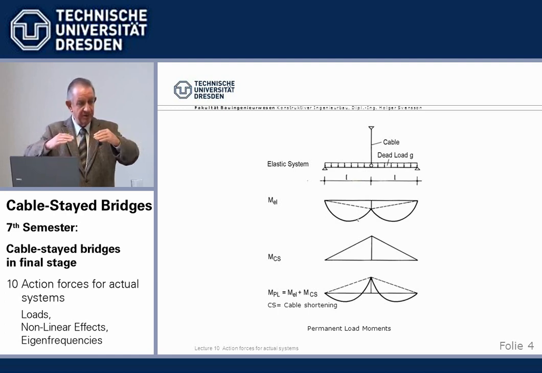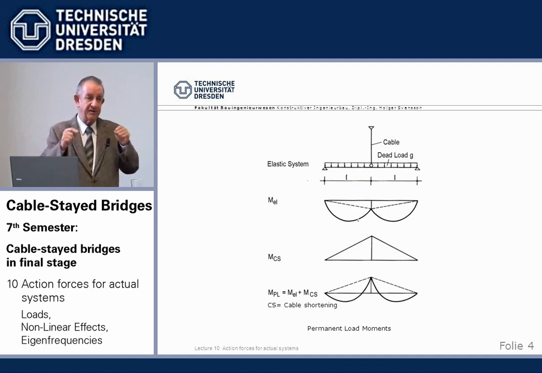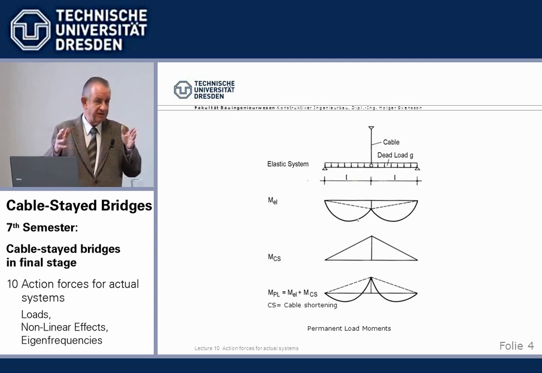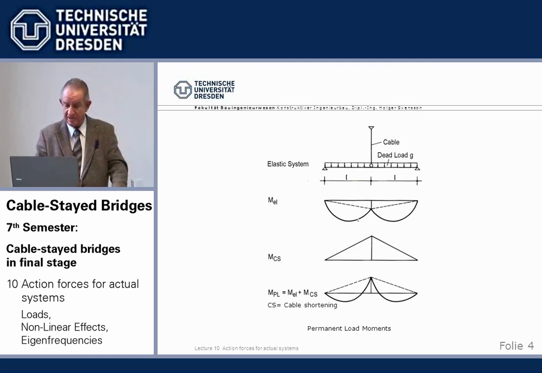We get a run of moments, and then we apply a second set of cable shortenings which give us an additional run of moments, and those together, dead load on the elastic system plus cable shortening, give us the permanent loads. You understand, we have dead load, we have cable shortenings, and we have the permanent loads, and they have the two components. That is the heart of the design of cable stayed bridges for permanent loads. Remember.